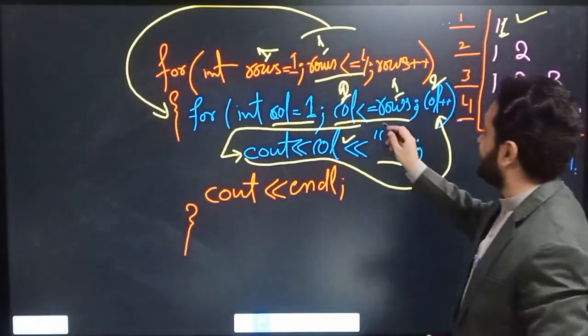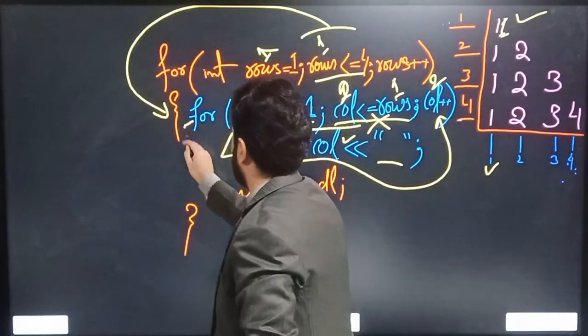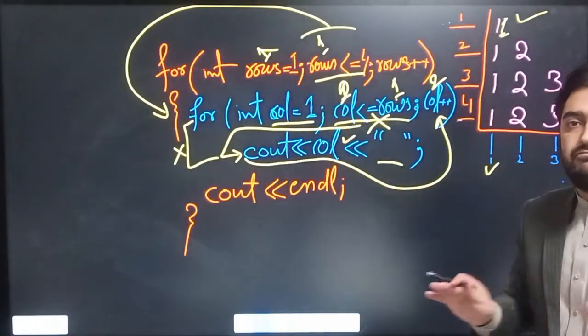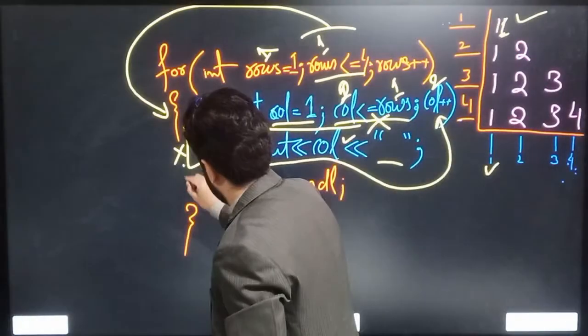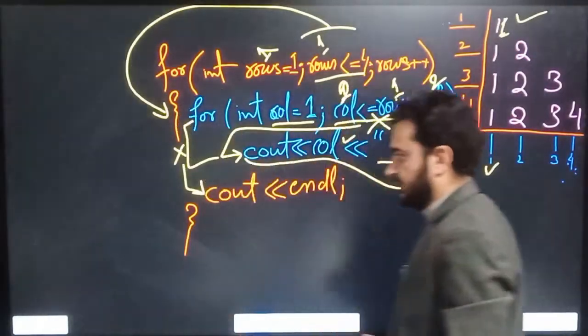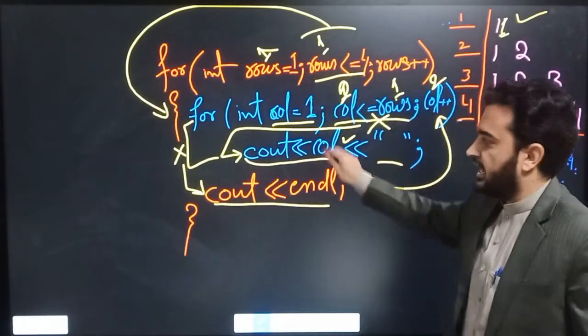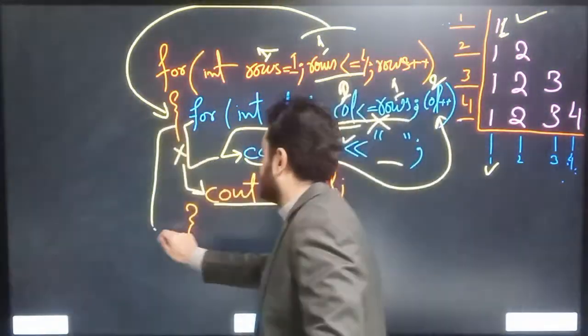So this condition will become false, and the inner for loop is terminated. Execution will directly come to the next line, which is totally outside of the inner loop, but inside the body of the outer loop.